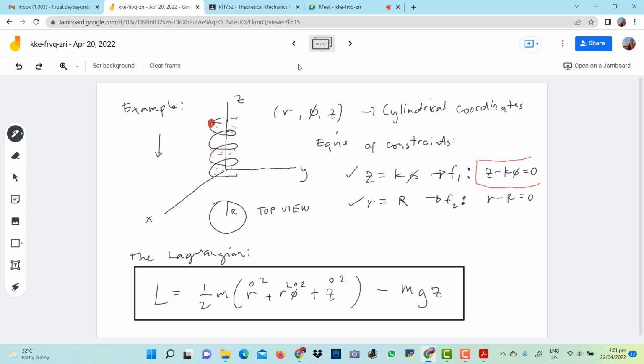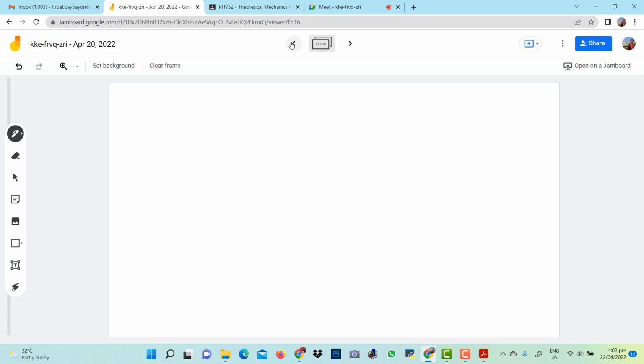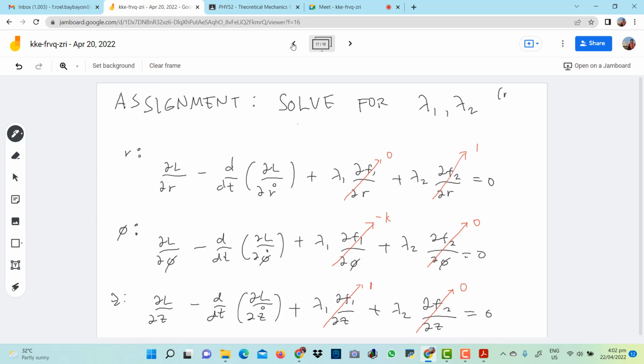So your lambda 1 and lambda 2 must be functions of m, g, r, and k only.